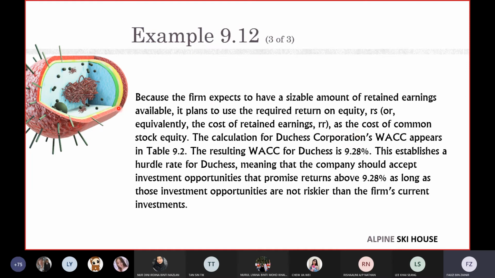Okay, so in a nutshell, because the firm expects to have a sizable amount of retained earnings available, it plans to use the required return on equity from the retained earnings as the cost of common stock equity. The calculation for Duchess Corporation appears in table 9.2, which comes to 9.28%. This establishes a hurdle rate.